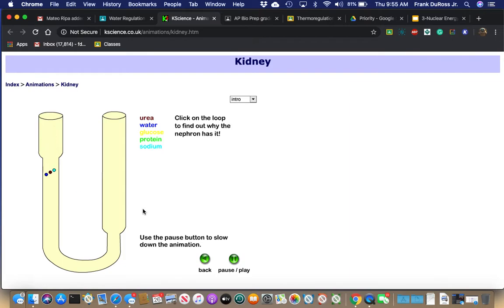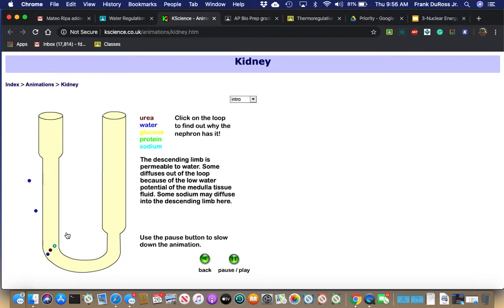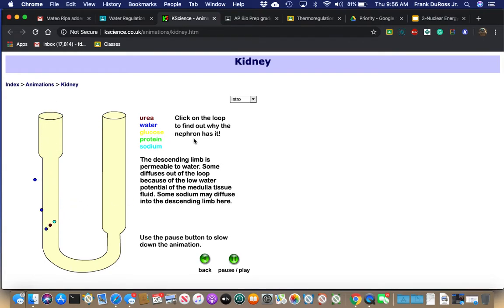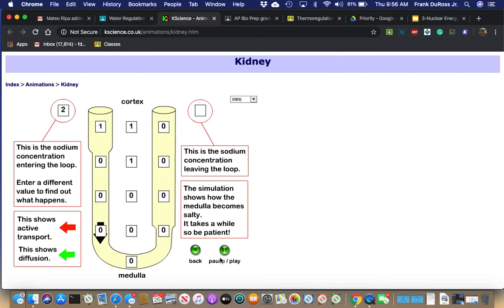The loop of Henle is this long loop that travels down here, and as molecules are moving through, some molecules move back and forth across that membrane. Let me pause this here. The loop coming down is permeable to water, so some of the water diffuses out of that loop. I'm going to play this briefly.